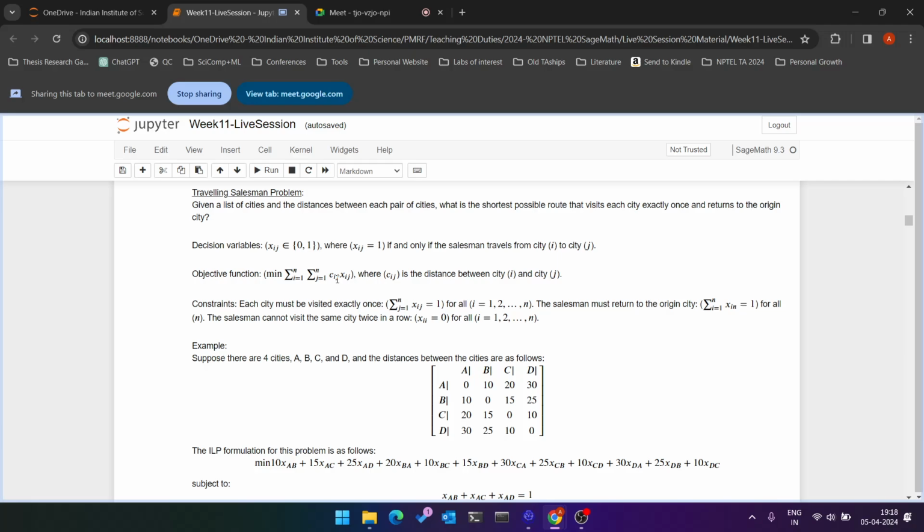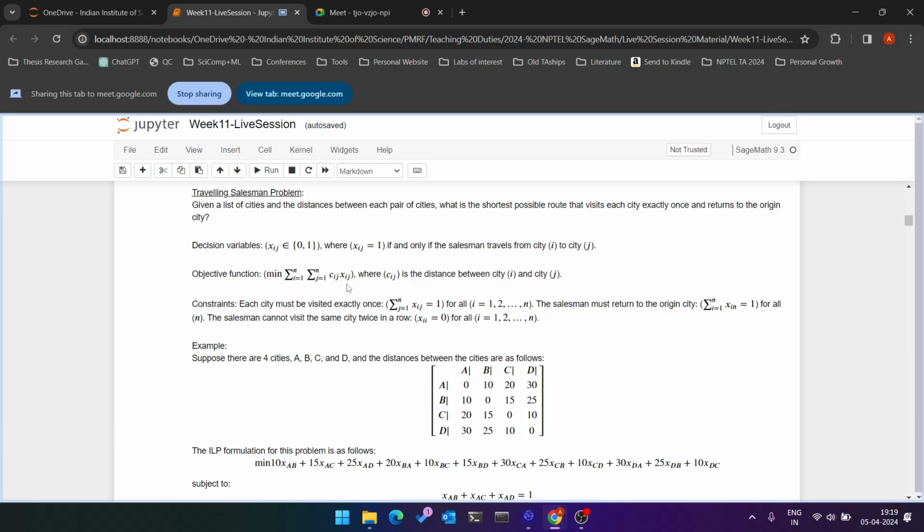You can think of xij as a sort of matrix wherein each row has only one entry as 1 and all other entries are 0. That is one way to think about a matrix formed out of xij.